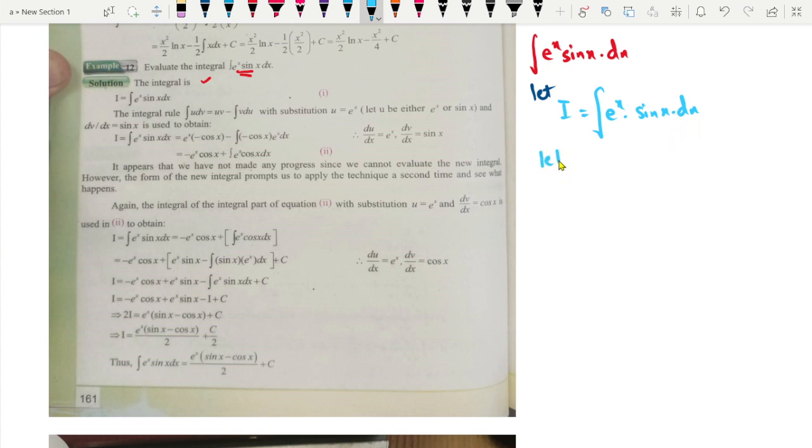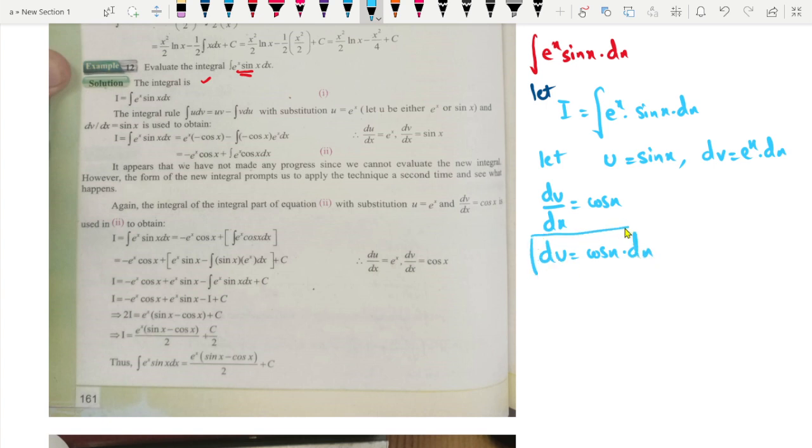Now let u be equal to sine of x and dv be equal to e to the x dx. So du divided by dx is equal to cos of x, and this will become du is equal to cos of x dx.